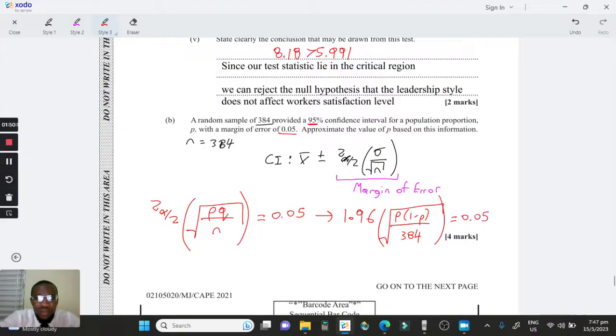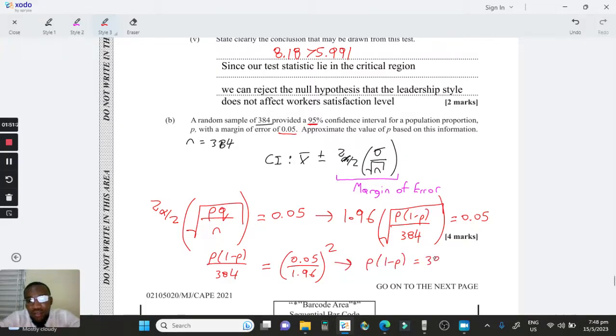So it's just transposition. I'm getting P times 1 minus P over 384 is equal to 0.05 over 1.96 squared. Then I cross multiply some more. I get P times 1 minus P is equal to 384 times 0.05 over 1.96 squared.